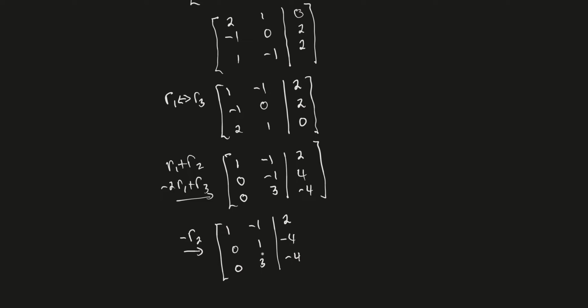And if I eliminate the 3, I am not going to eliminate the -4. So let's do this here. If I take -3 times row 2 added to row 3, then we get a 1, -1, and then 2. That stays the same.